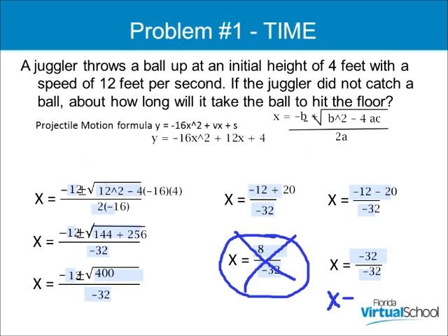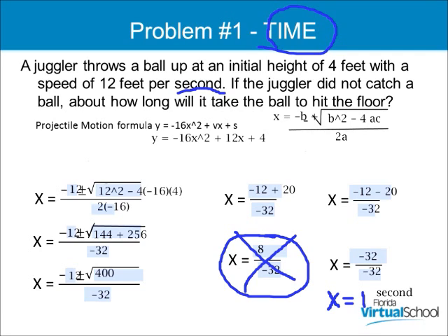So x equals 1. And now this is where you want to go back and look at what you're asking for. They're asking us for time. So we go and look and see, and it's seconds. We always want to keep our units in mind. So this is 1 second. Okay, the ball was in the air and didn't hit the ground until 1 second had passed.